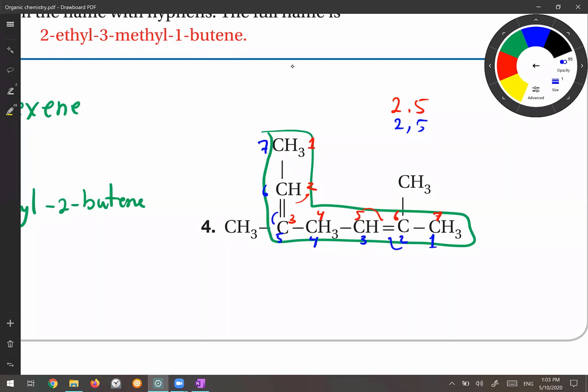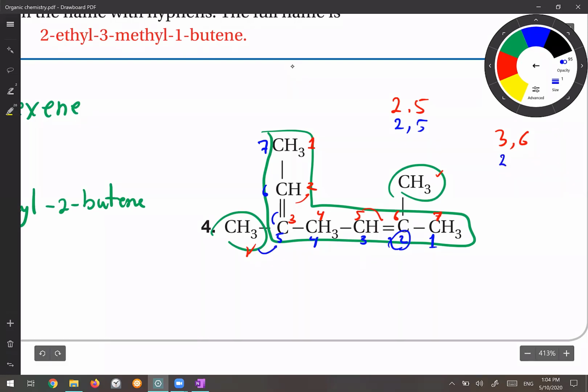So let's check the branches. I have 2 branches here. Both of them are methyl. If I number the parent from the top, the first branch is on the 3rd position here, and the second branch is on the 6th position. So it becomes 3 and 6. If I number it from the right side, the first branch would be on the 2nd position, and the second branch would be on the 5th position.